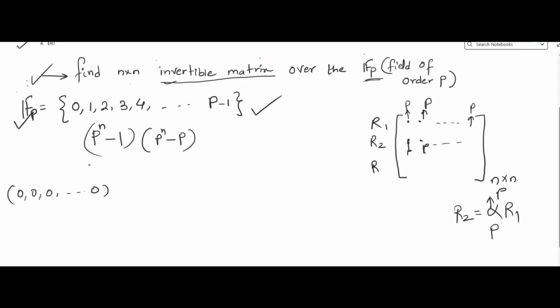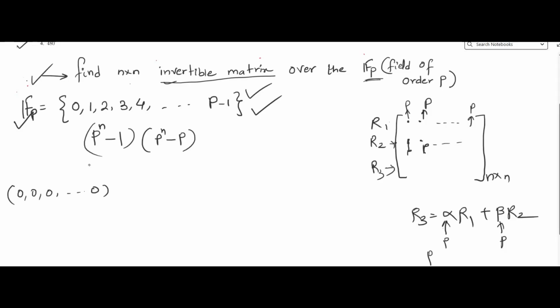Again, let's talk about the third row. I want an invertible matrix, so my third row can't be a linear combination of the first row and the second row. So R3 can't be alpha R1 plus beta R2, where alpha and beta are elements from the field. For alpha I'll have p choices, for beta I'll have p choices.